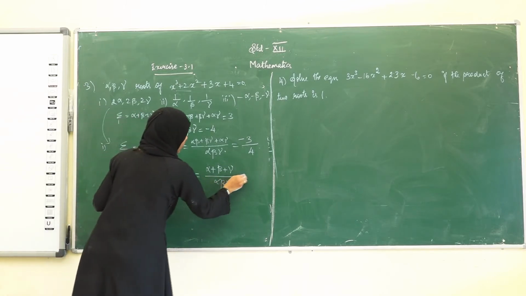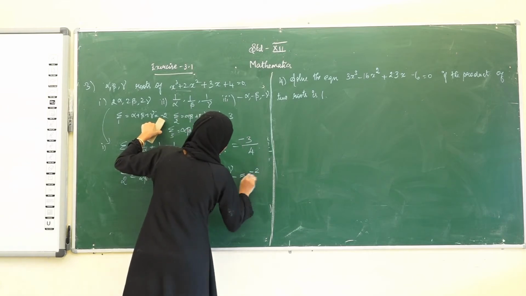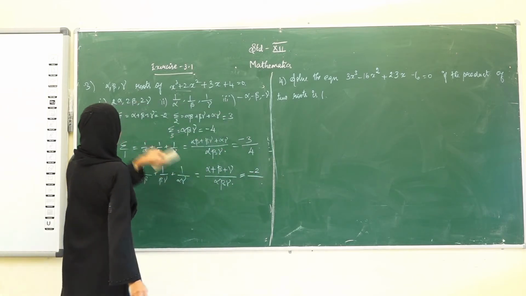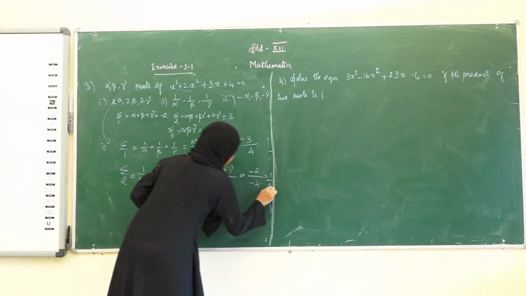So the value of alpha plus beta plus gamma is minus 2, divided by alpha beta gamma, which is minus 4, equal to 1 by 2.